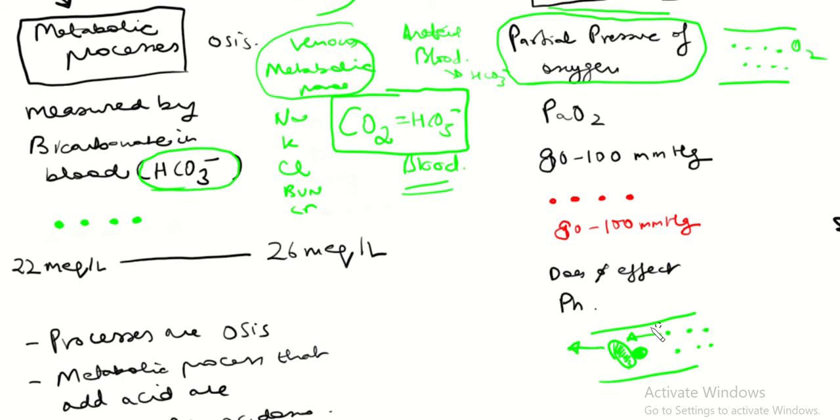Three, if you don't have enough oxygen dissolved in the water or plasma of your blood, you don't have enough oxygen to attach to the hemoglobin even when the conditions are good. Lastly, you need oxygen attached to the hemoglobin for it to be transferred to the cells. So in other words, the oxygen that's dissolved in the plasma doesn't go to the cell. It has to be attached to the hemoglobin.